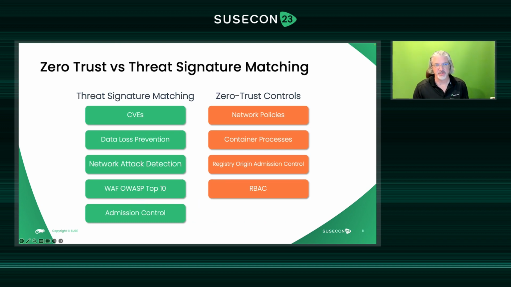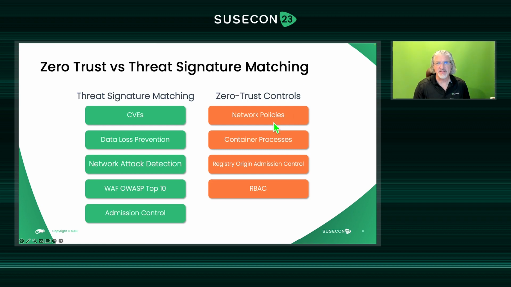Another example of that is OWASP top 10 there. Admission control is also kind of a threat signature, not so much a threat signature as much as it is checking certain values, checking for certain settings that you want to allow or disallow with images that come into a cluster.